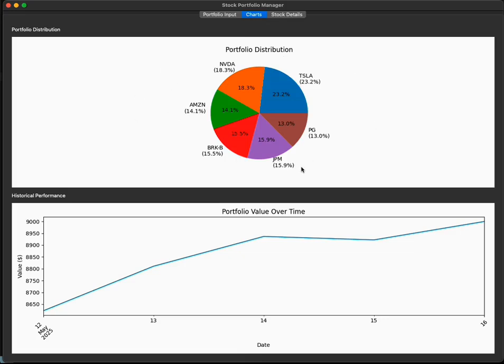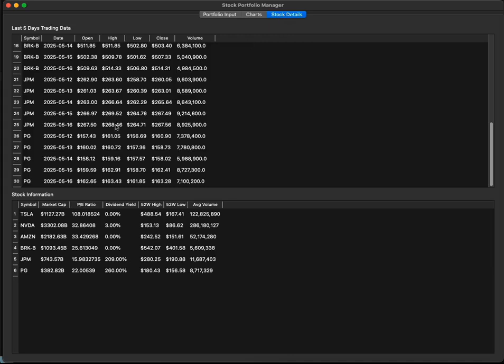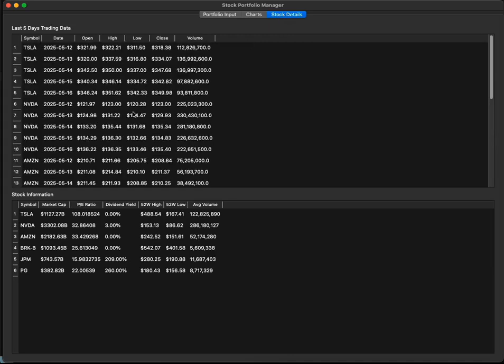The portfolio peaked on May 14 at $8,936.81, then slightly dipped to $8,922.22 on May 15, showing healthy correction behavior. The app tracked volume and price for each stock with strong consistency.